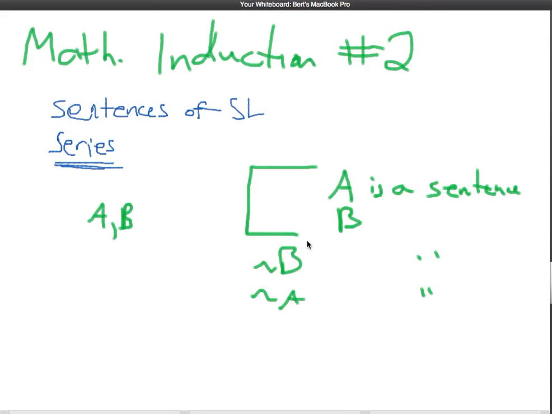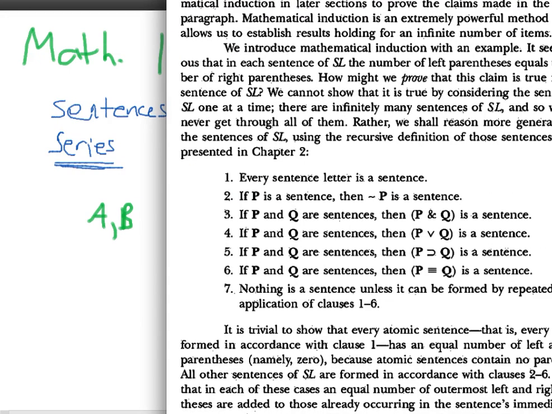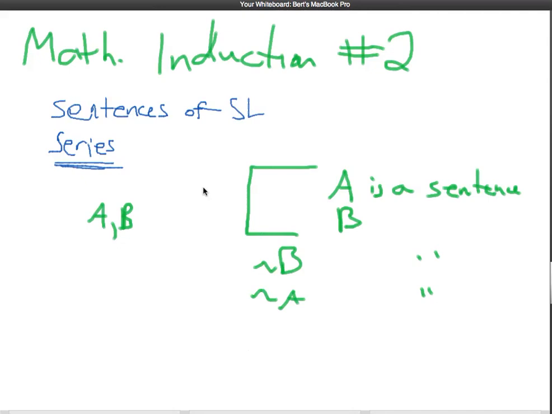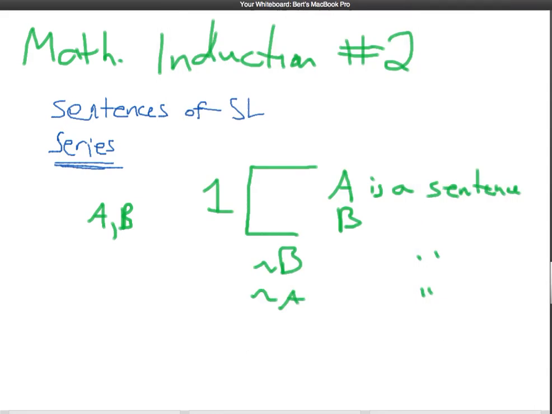Now we're going to apply each of these rules to the previous set of sentences that we've built so far. You can think of this as stage 1. We're going to use all the sentences we have in stage 1 and all of these rules 2 through 6 to build our next stage of sentences. So we've used negation on both of these sentences, but that's not all.